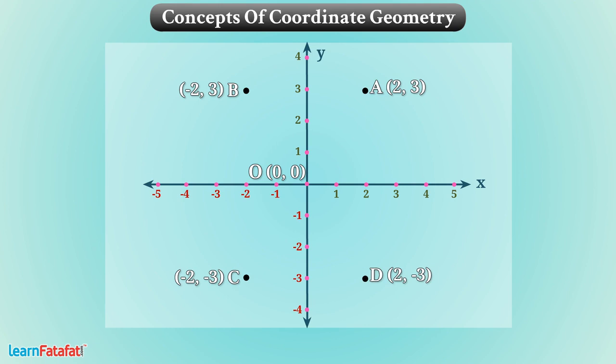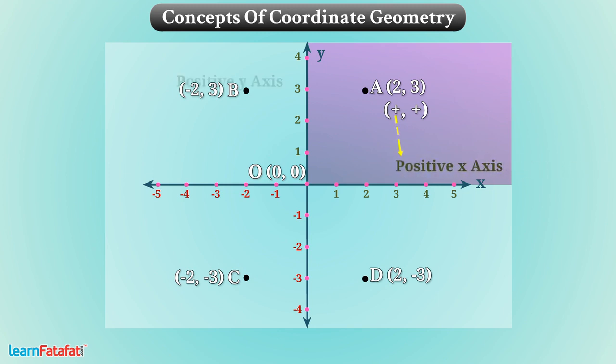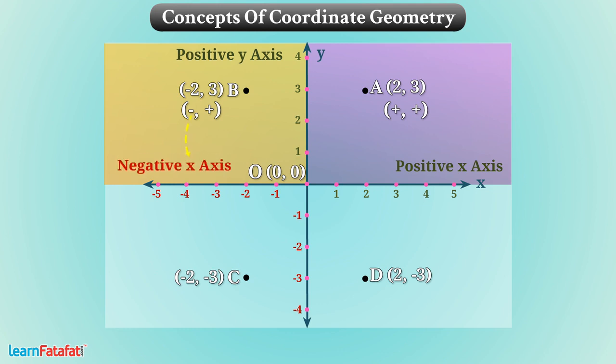As you can see, the coordinates of a point P in the first quadrant will be in this form, as the first quadrant is enclosed by the positive x-axis and positive y-axis. Similarly, the coordinates of a point in the second quadrant will be in this form, as the second quadrant is enclosed by the negative x-axis and positive y-axis.